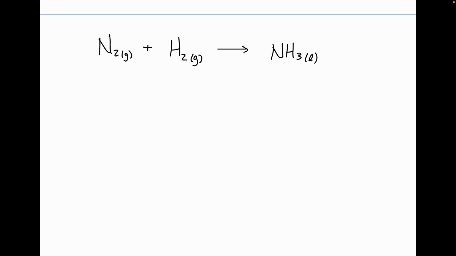And ammonia in its pure form is a liquid. So this chemical equation right now is worthless to me. What's the problem with it? It's not balanced. So everybody take a second to balance this chemical equation so we can use it.